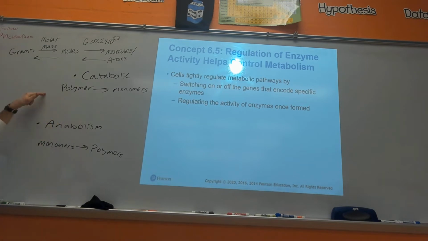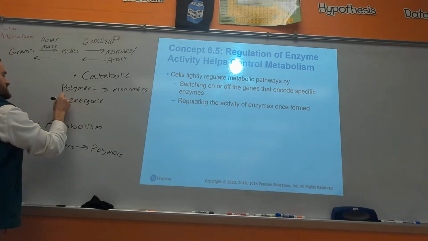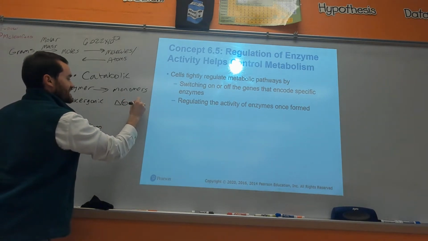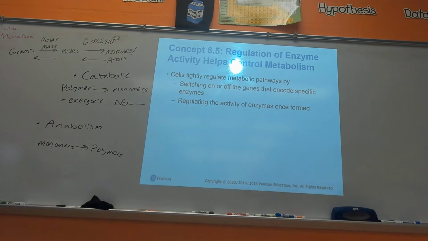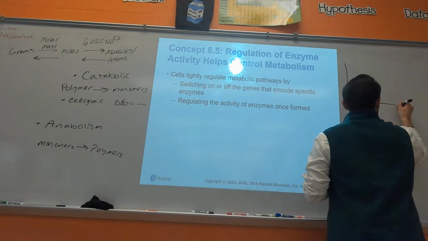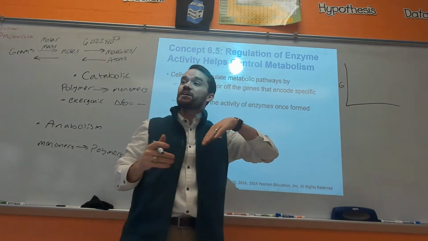Was catabolic exergonic or endergonic? Exergonic, right. Catabolic, that was exergonic. Remember, exergonic, the delta G there is negative. That means you release energy. If I draw the exergonic reaction diagram, G, that's a measure of free energy.